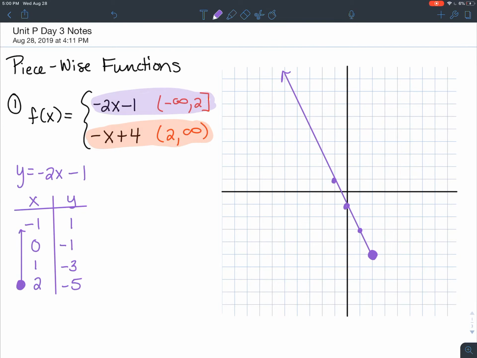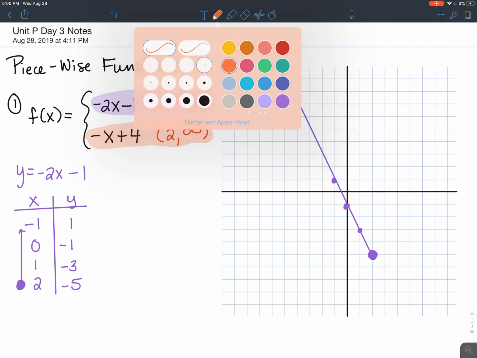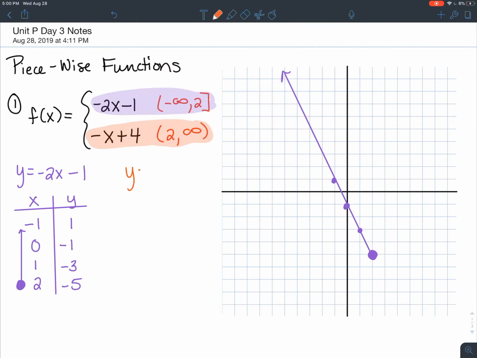All right, so now I'm going to graph the orange. That is y equals negative x plus 4. I'm going to make a table. So x, y. I have 2 and I'm going to infinity, so I'm going to get bigger. So I have 2, 3, 4, 5.